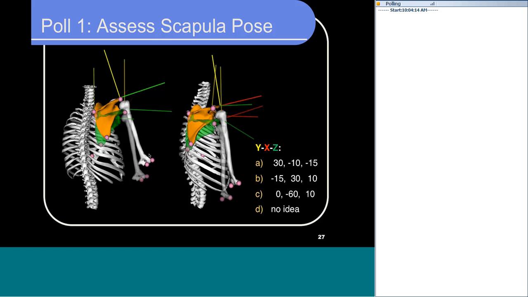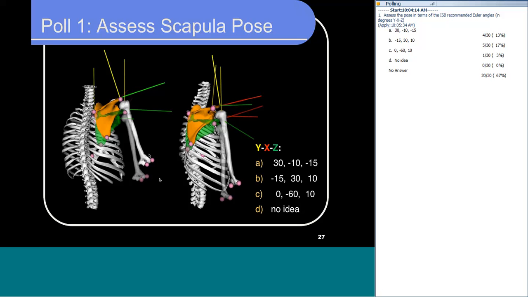If you got it right, you selected option A. The relative orientation of the scapula with respect to the thorax is 30 degrees of protraction with 10 degrees of lateral rotation and 15 degrees of anterior tilt. 67% replied that they have no idea, and option B was the most answered, followed by A.